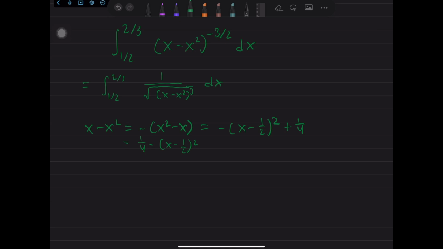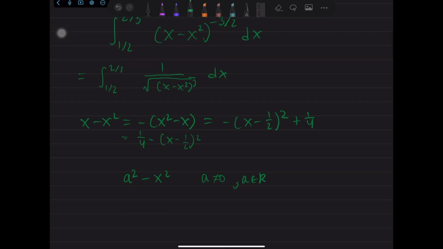So here we have this, okay? Our goal is that this is really in the form of a squared minus x squared, where a is not equal to 0 and is just any real number. Now we need to make this into a form which we can integrate.